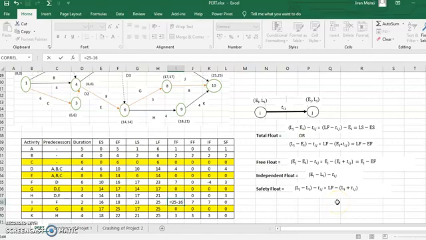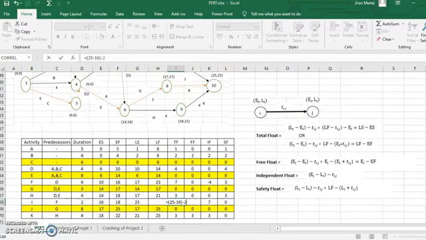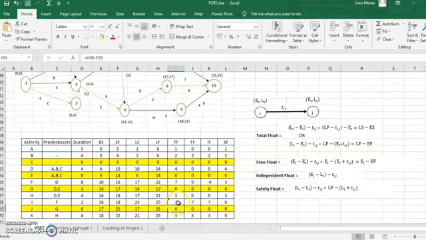Let me put this inside the bracket, minus the time taken. What is the time taken? 2, which is nothing but 7. And this 7 you can also obtain by subtracting between the latest starting time and the early starting time.